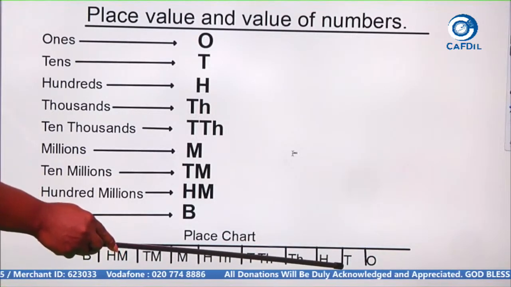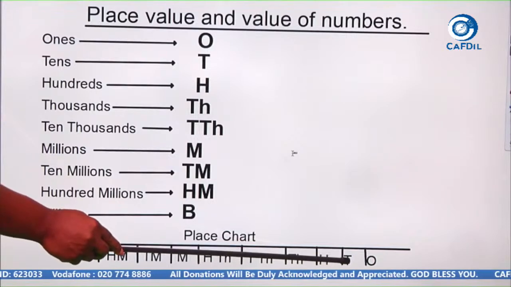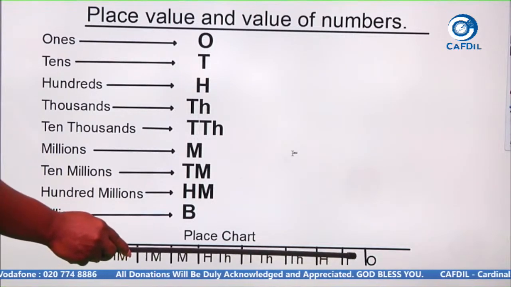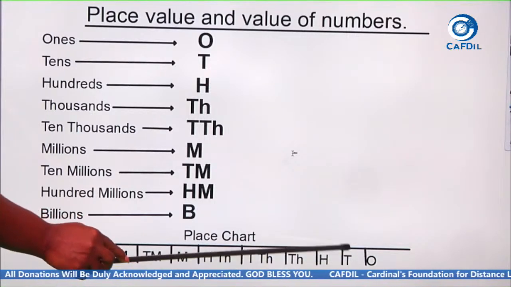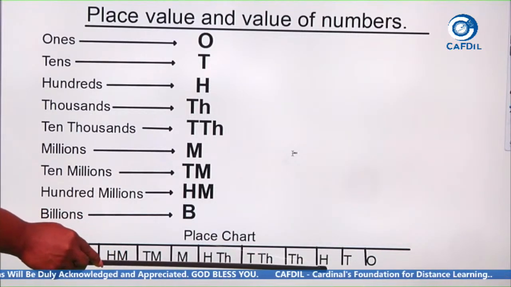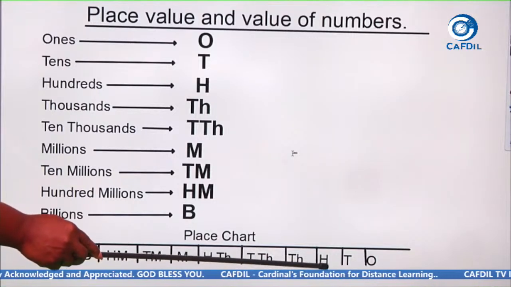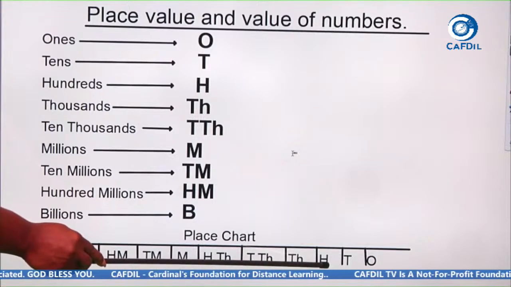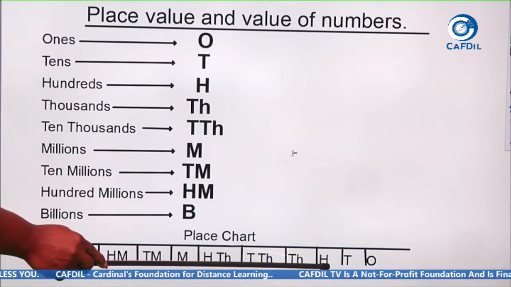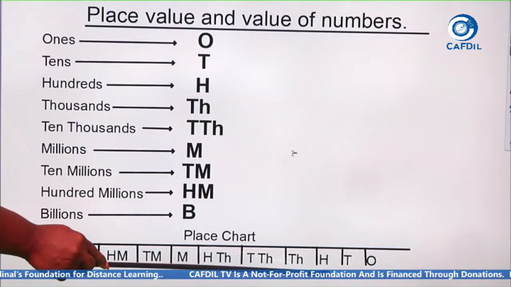Then we bring it here: 10, 20, 30, 40, 50, 60, 70, 80, 90. When we get to 100, the place changes. It means we will write it here: 100, 200, 300, 400, 500, 600, 700, 800, 900.